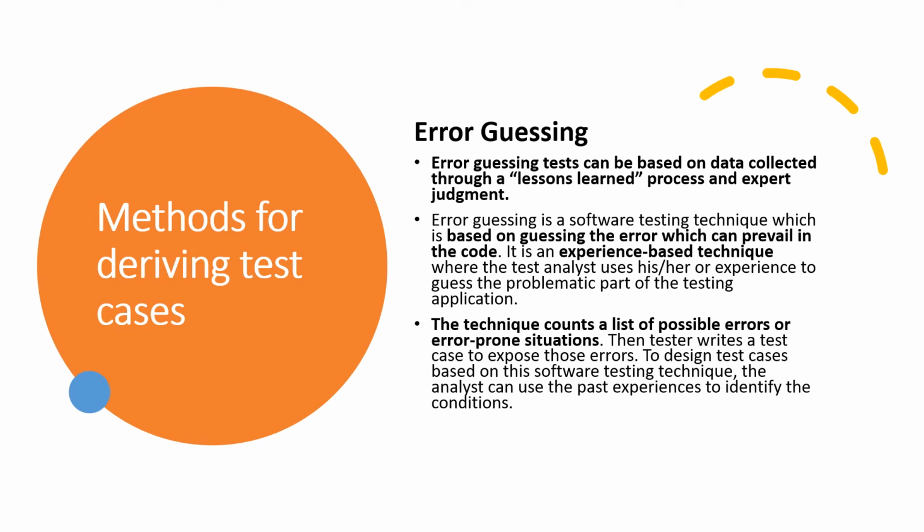The next thing is error guessing. Error guessing tests can be based on data collected through lessons learned. This is purely based on your experience. That is why we need an experienced or senior tester in the project: he or she will get to know from historical data or from their own experience, and will tell you, yes, at this point of time the system may experience a failure.